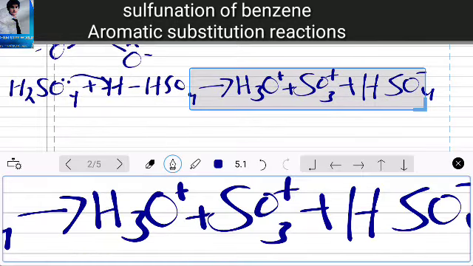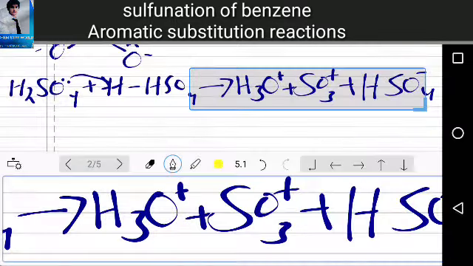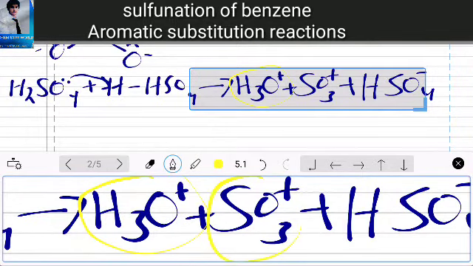Here we have 2 electrophiles. The first one is H3O positive and the second one is SO3 positive. But the benzene ring attacks on SO3 positive because it is more electropositive than H3O positive.